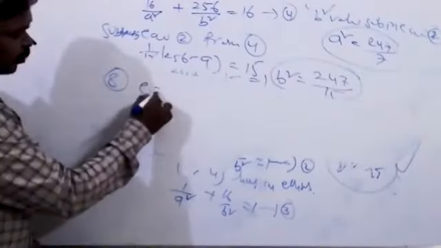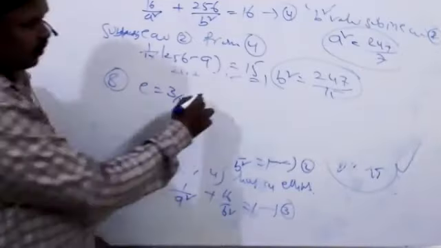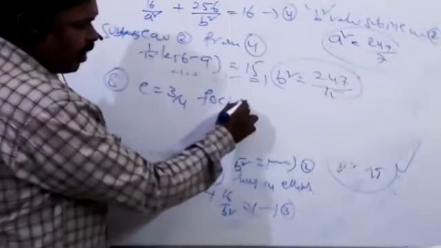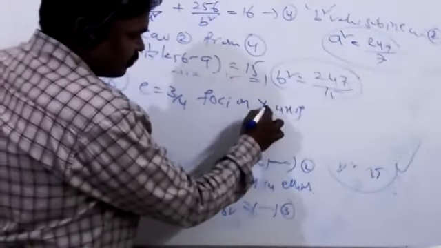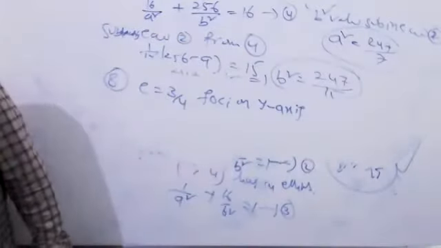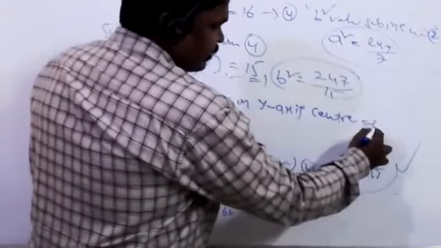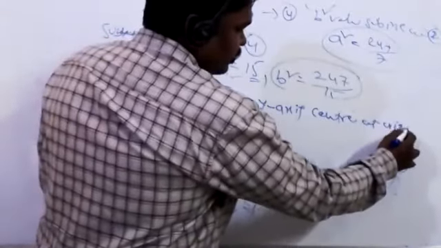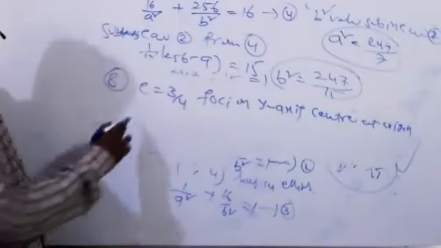E is equal to 3 by 4. Foci on y-axis. Center at origin. And passing through the point 6, 4.